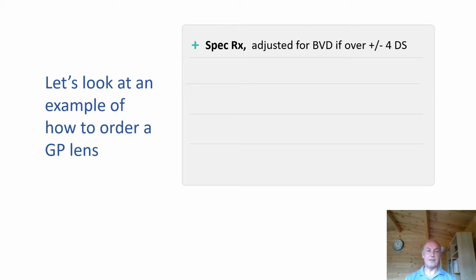So let's take this example. As we stated previously, we need the spectacle prescription adjusted for BVD if it's over ±4 in any meridian. So a patient who's got a spec Rx of -2, -3 at 15 would still need a BVD because we're over 4 in one meridian. We need to take good keratometry readings.